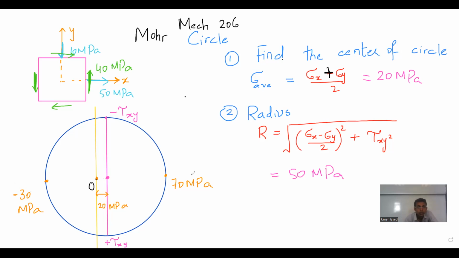Okay. The next question is, what is the definition of principal plane? What was the definition of principal plane? So principal plane was the plane in which we had maximum or minimum normal stresses. And what was the shear stress on the principal plane?